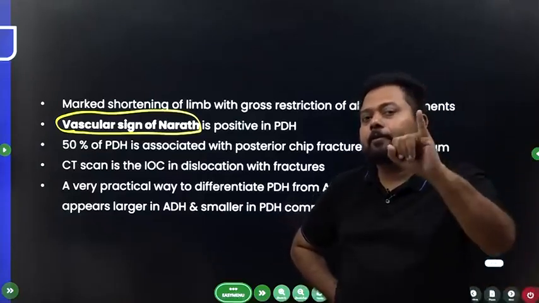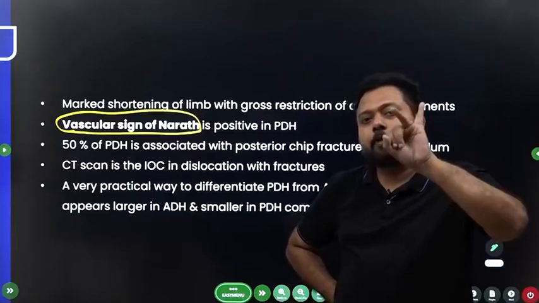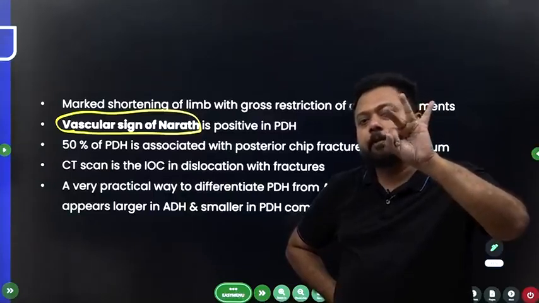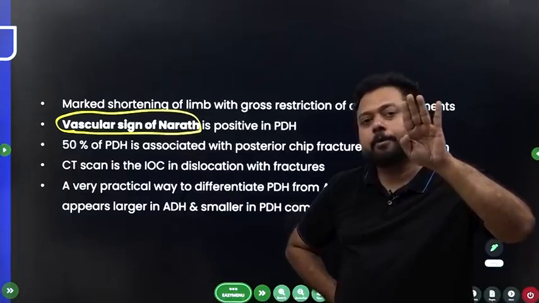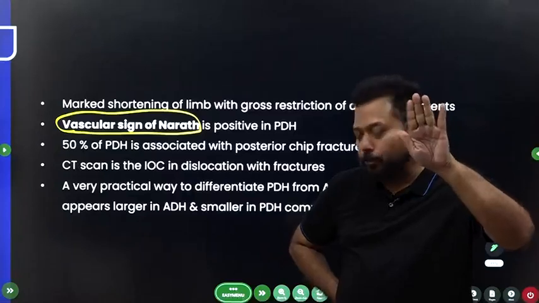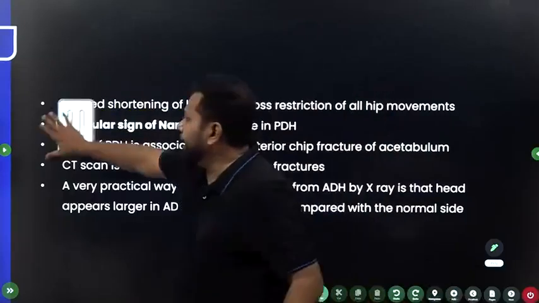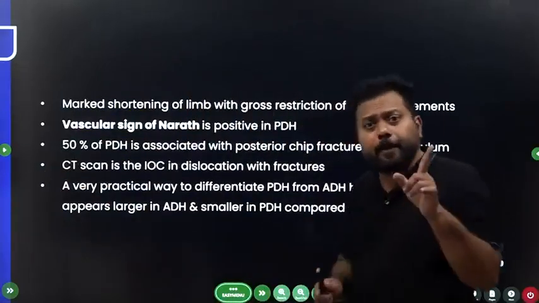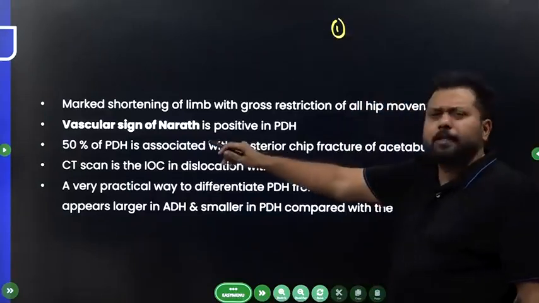Whenever you get a positive vascular sign of Narath, number 1 differential diagnosis is fracture neck of femur, number 2 posterior dislocation of the hip, number 3 congenital dislocation of the hip, number 4 Tom Smith's arthritis, number 5 Girdlestone's excision arthroplasty. I will write everything I have discussed in detail in the main video. I'll repeat once again because this is such an important question.